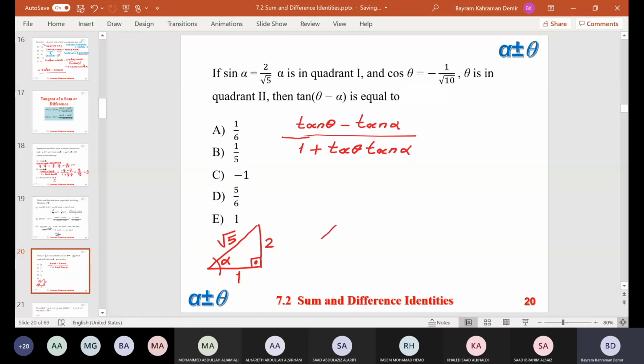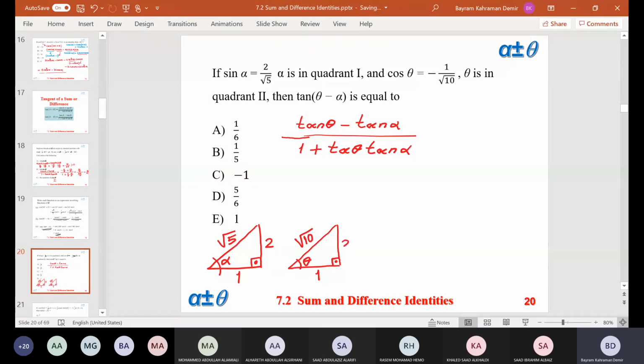Another one for theta. Let me draw the theta triangle. Cosine is -1/√10. That means 1 should be here, and √10 should be the hypotenuse. And the other side will be what?